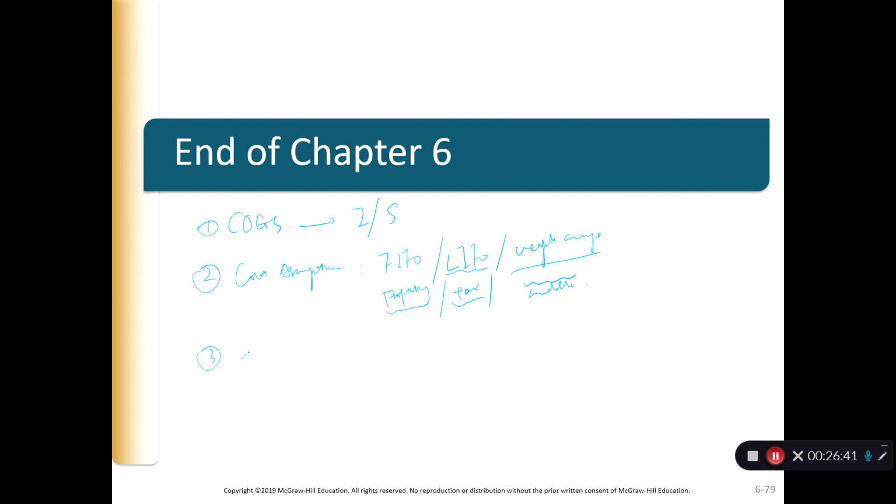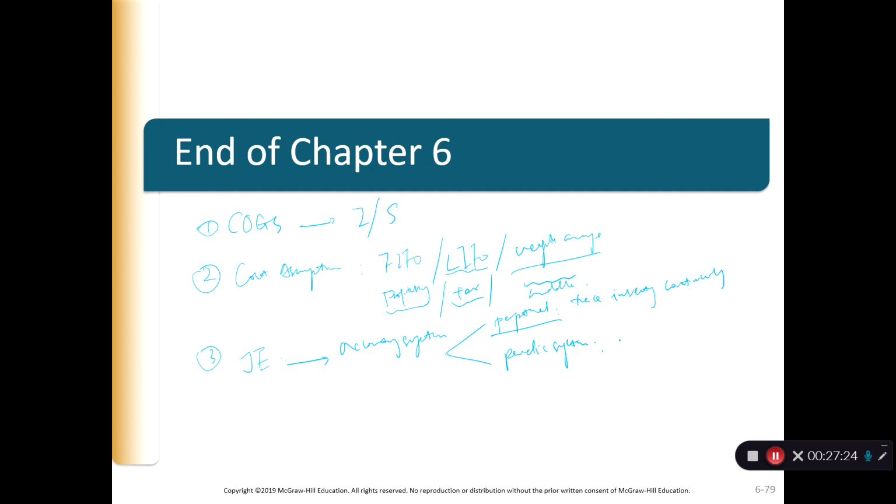And the third one, we talked about how to journal, right? Journaling is about how the accounting system is set up. There are two inventory accounting systems: the perpetual system and the periodic system. The perpetual system means that you trace inventory continuously, meaning that you always debit inventory and credit accounts payable on a purchase, and when there's a sale you debit cost of goods sold and credit inventory. But the periodic system is different.